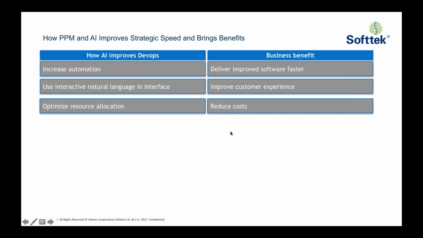Okay, so let me go back to this slide. We have 2 different slides with 3 uses each: how artificial intelligence improves DevOps or strategic speed initiatives and increases automation.